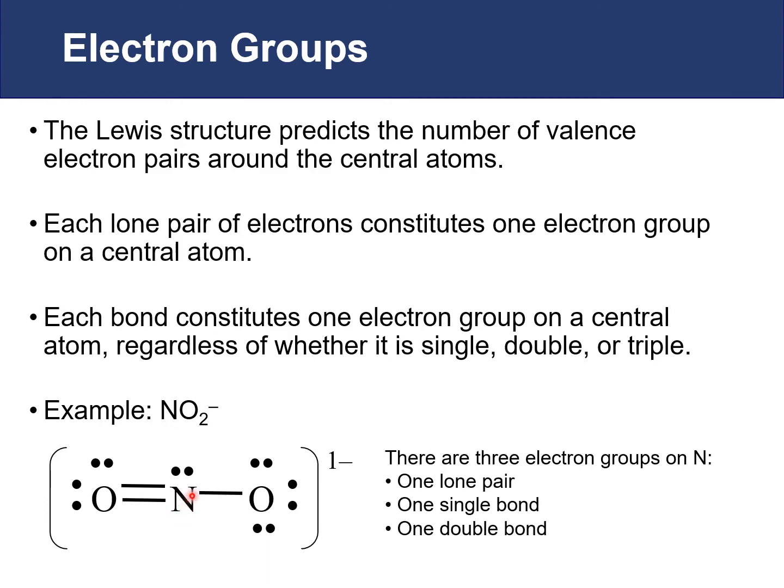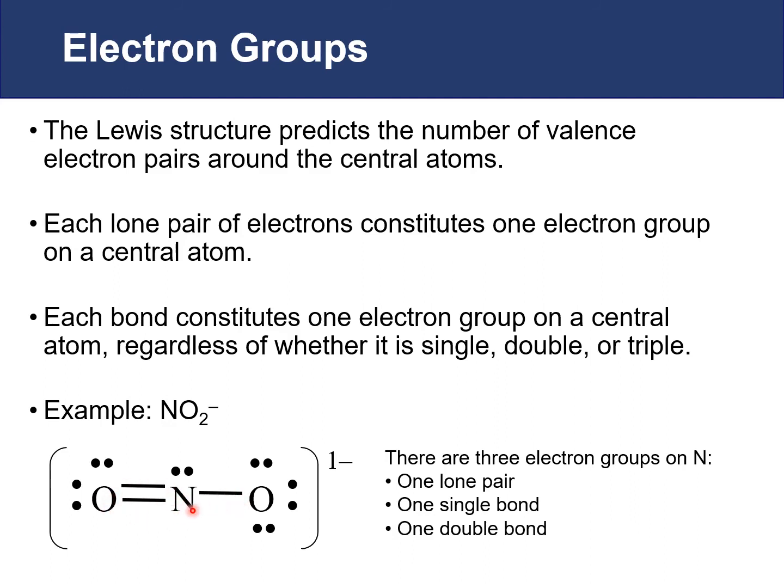So for the nitrogen, we have this lone pair of electrons, these two electrons which are filling an orbital. These are located in one area of space. Then you have a single bond, which has electrons being shared between the nitrogen and the oxygen. And then you have a double bond. The double bond is a larger region of space, but that region of space lies directly between the oxygen and the nitrogen. It just takes up a bit more space than the single bond does.